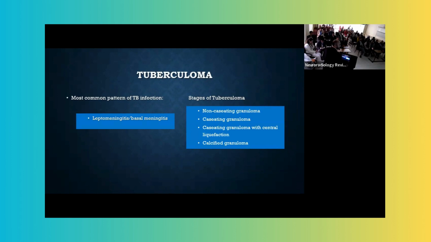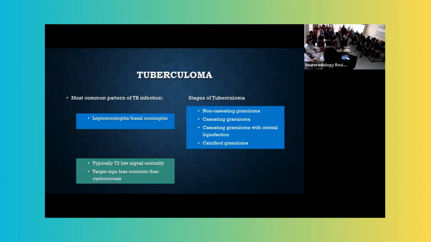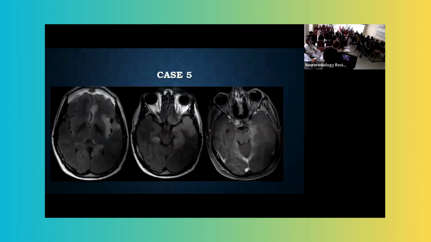The key is the caseating type, which will cause the typical features of tuberculomas, okay? That's the key here. Now, you do see the target sign in neurocysticercosis, okay? But this is less common in tuberculoma as compared to cysticercosis. Important to remember that, okay? DDs we have discussed. So tuberculoma has all the DDs of cerebral abscesses, but it's a typical finding of very small lesions, okay? Case 5.